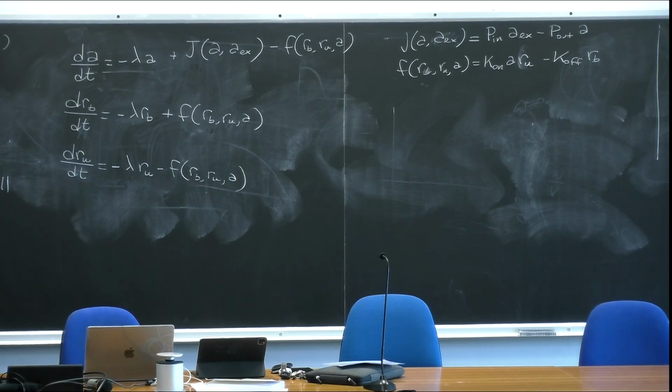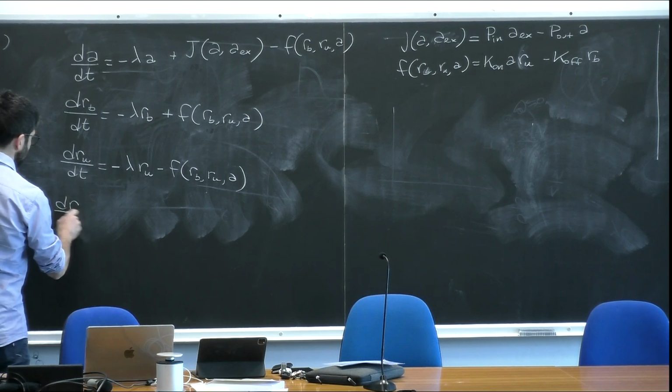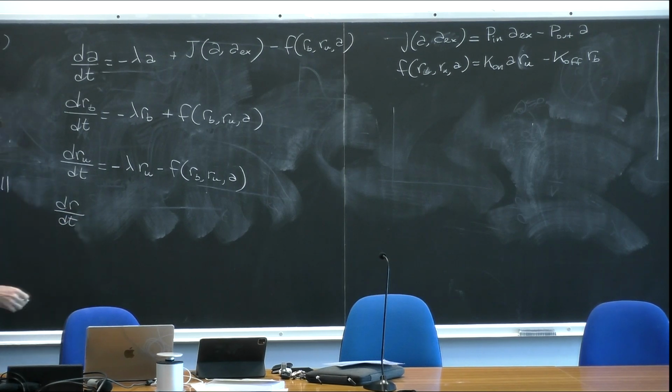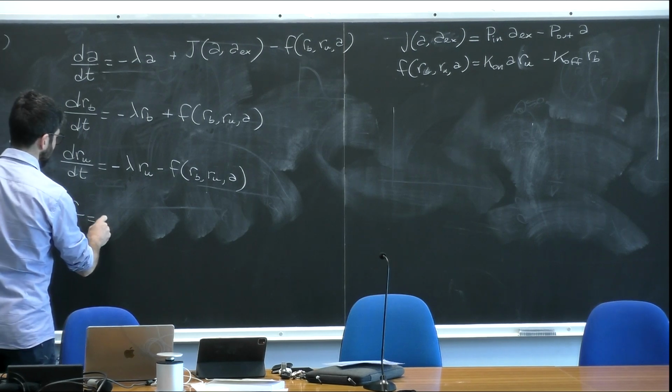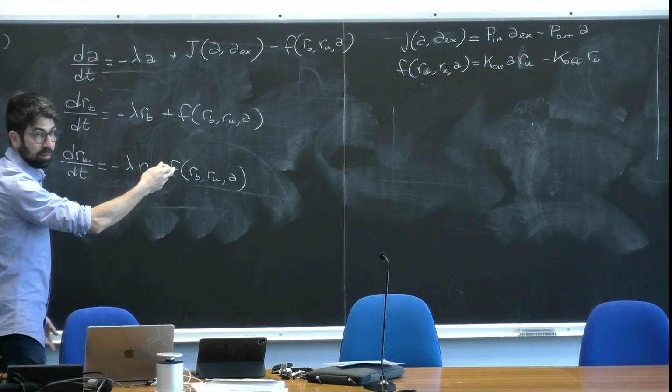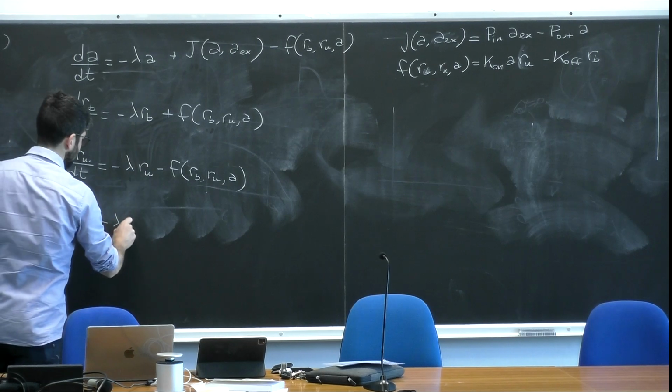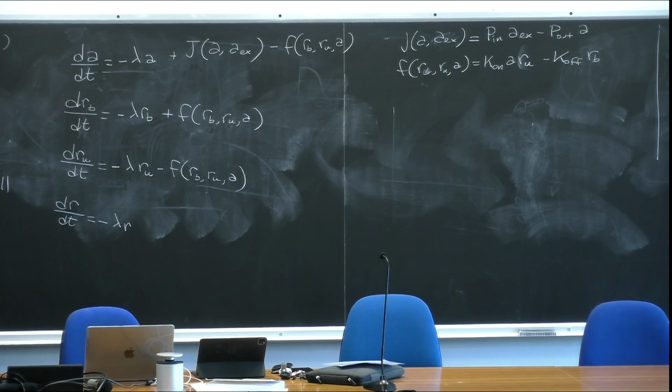So if you look at the total amount of ribosomes, if I sum these two terms, I get dR/dt. These two terms cancel, and I get minus lambda R.